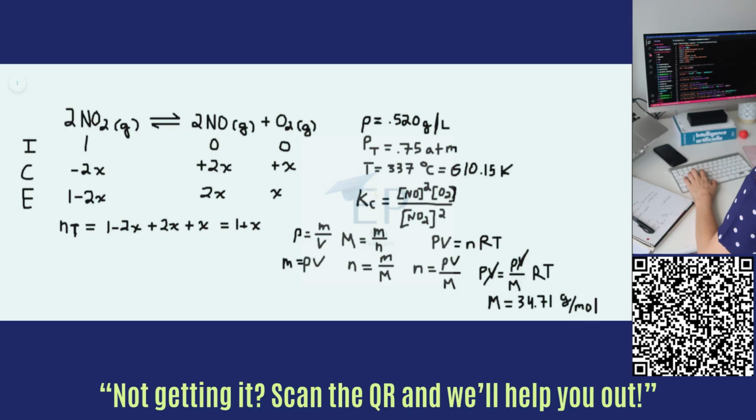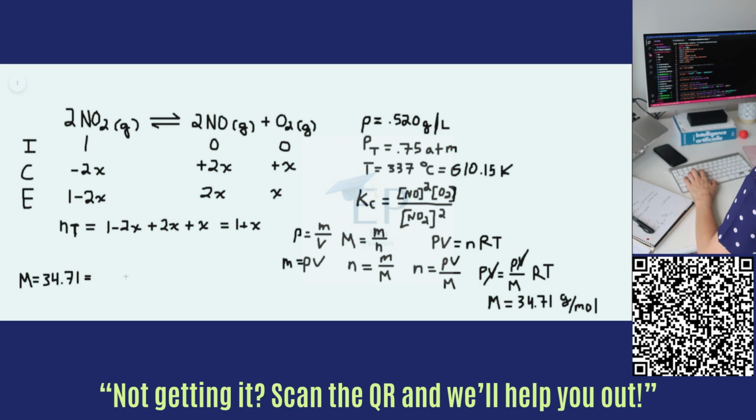Now we have a molar mass of the gas mixture, which of course isn't helpful. We need to find the individual gases. So we can express this term, molar mass, which we just said equals 34.71, as equal to the mole fraction of each gas times its own molar mass.